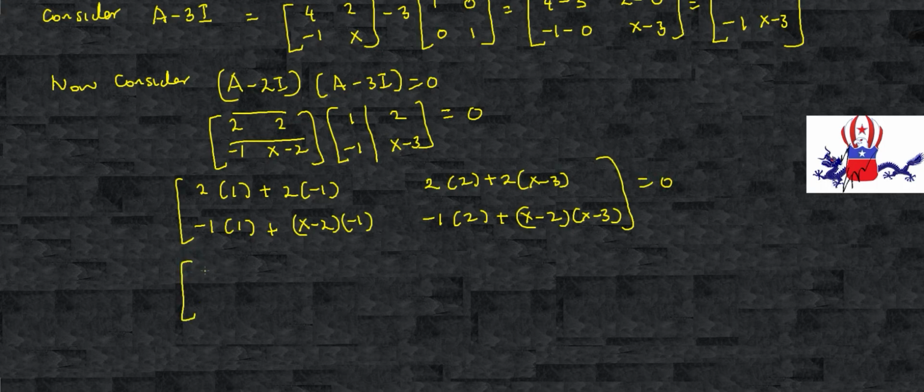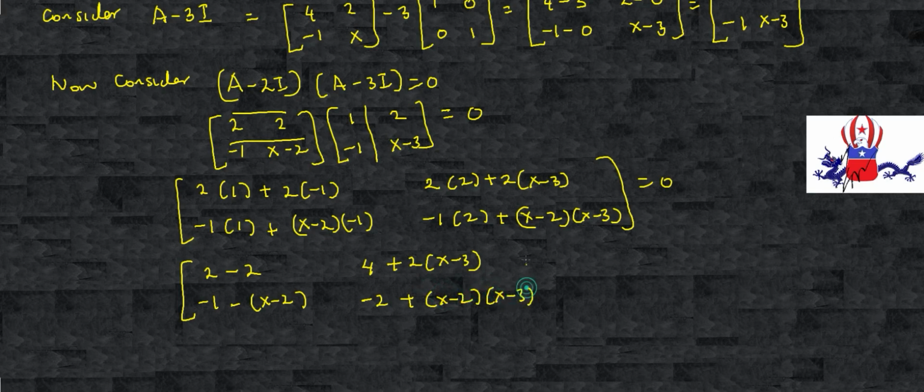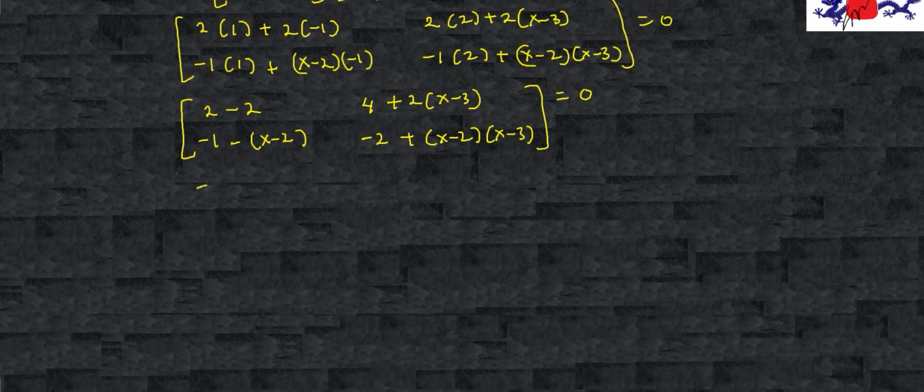Simplifying this would give us 2 - 2, and -1, of course, this can be rewritten as negative of x - 2. So this is going to be 4 plus 2 times x - 3. The final element is going to be -2 plus x - 2 times x - 3, equal to 0. So all these elements are equated to 0. So let us further simplify it.